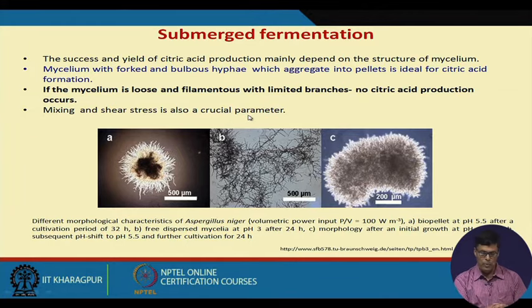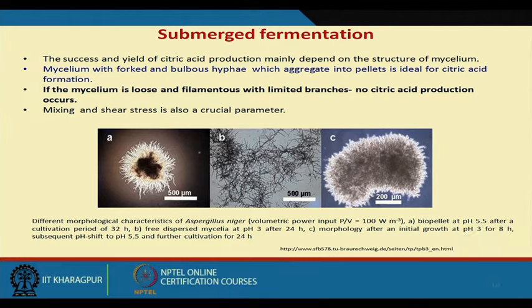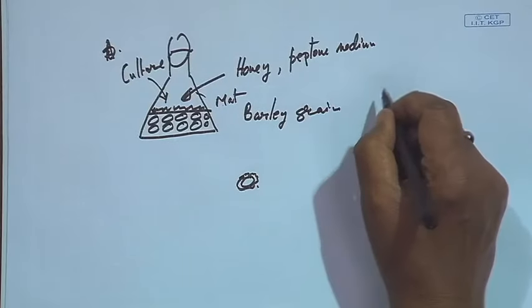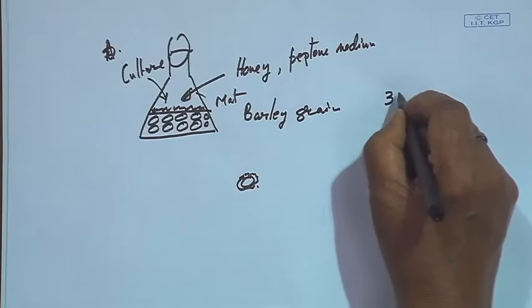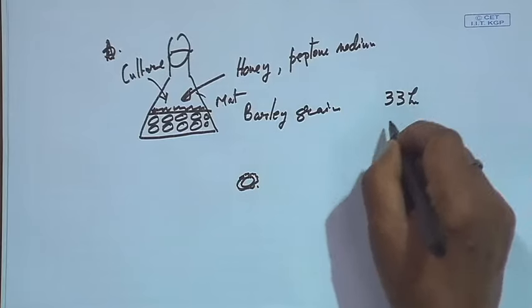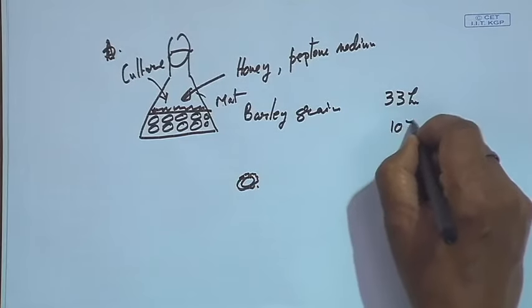I mentioned before that one typical characteristic of citric acid fermentation, or fungal fermentation processes, is that at the initial stage of fermentation you have to keep the mechanical agitator idle for some time. For example, in the inoculum vessel the fermentation time is 33 hours and the idle time is approximately 10 hours.